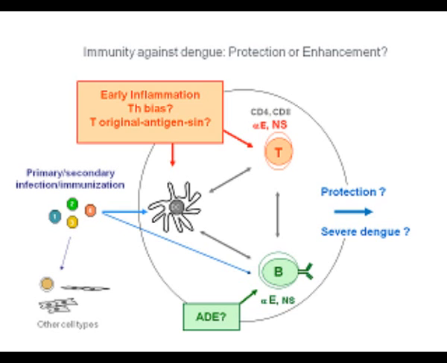Now, primary infection, particularly in children, as we've seen, usually results in uncomplicated dengue fever or asymptomatic infection, and the development of both humoral and cellular immunity that protects against disease with that same serotype. But the anti-dengue immune response, as we've also seen discussed at this meeting, is by nature cross-reactive.